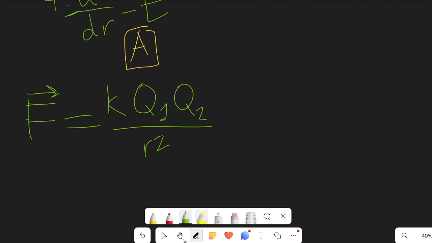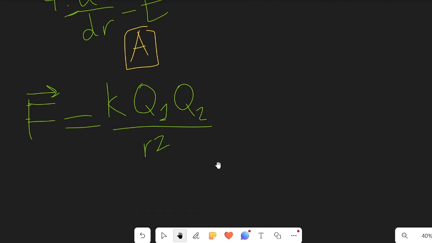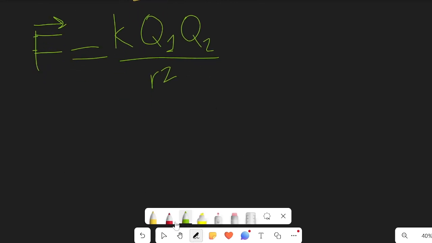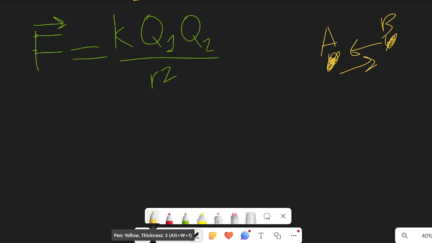Now to convert this to electric field, we will do a little conceptual thought. Force is essentially, if we have two charges here and here, A and B, what is the force being attracted between the two, or being repelled between the two? This is what Coulomb's law is telling us.